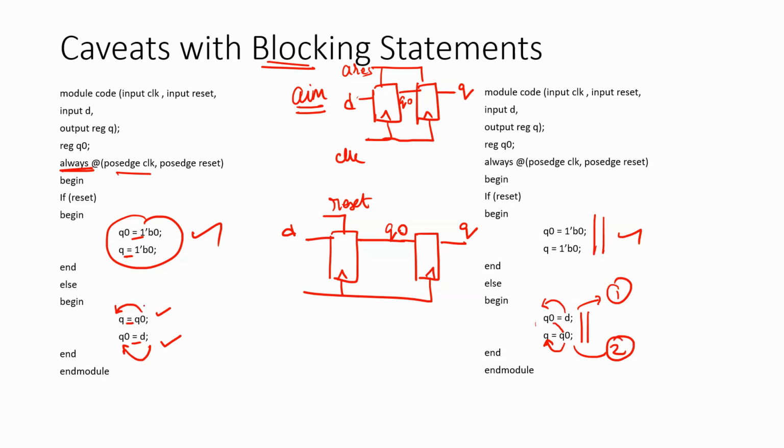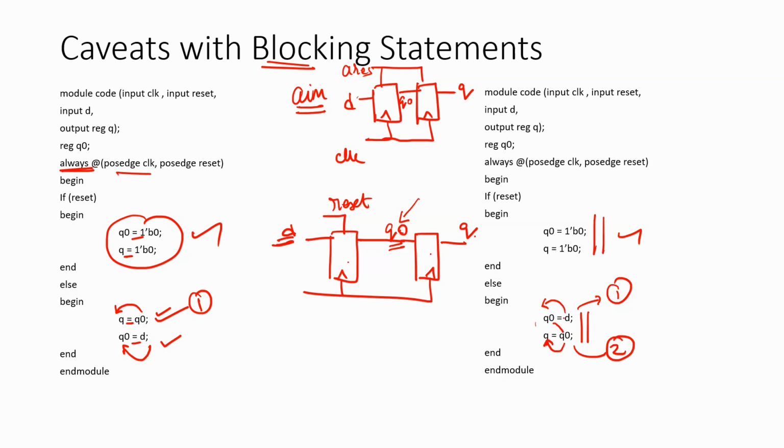If I compare these two, in the first case Q gets the value of Q0, that assignment already happened, and then I am assigning D to Q0. Because statement 1 has already happened, I cannot go and undo it. So Q will have the value of Q0 and Q0 will have the value of D. So there are two storages happening.